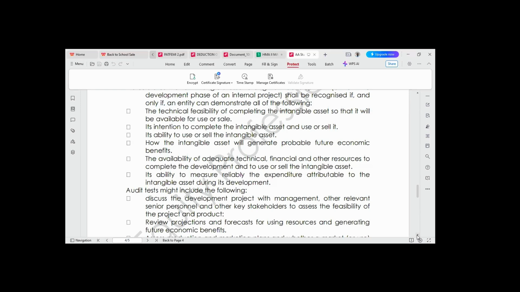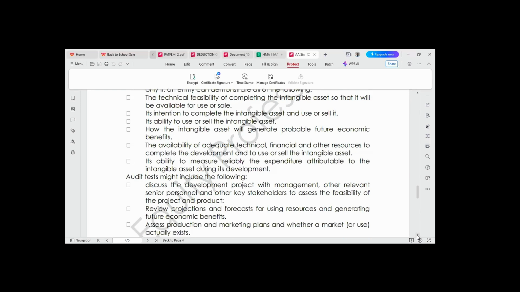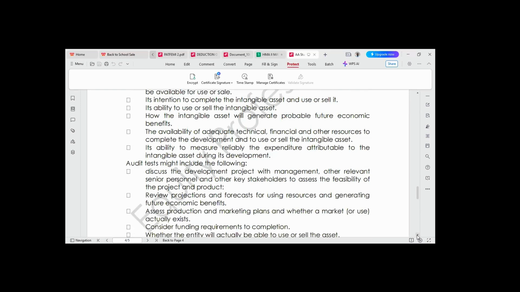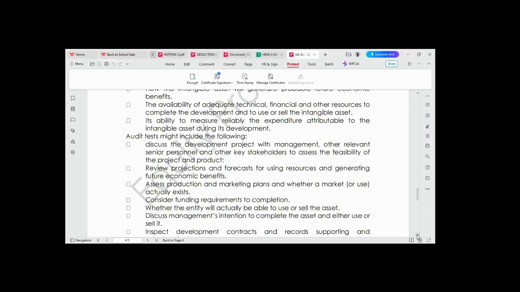Number two, review the projections and forecasts for using resources and generating future economic benefits. Number three, assess production and marketing plans and whether a market or use actually exists. Number four, consider funding requirements to completion.